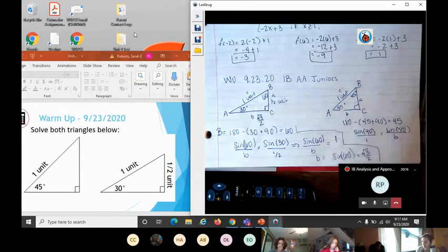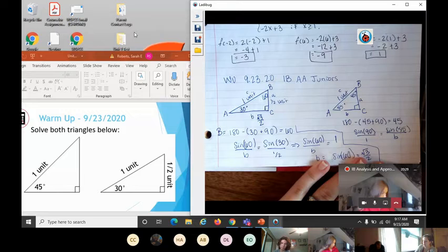Well, that's the tricky part. So what's the sine of 90 degrees? That's 1. Yeah, so if you multiply both sides by b, b is just equal to whatever the sine of 45 is.